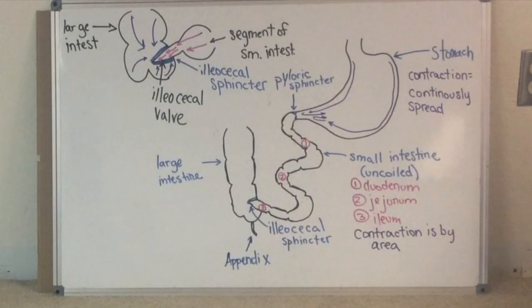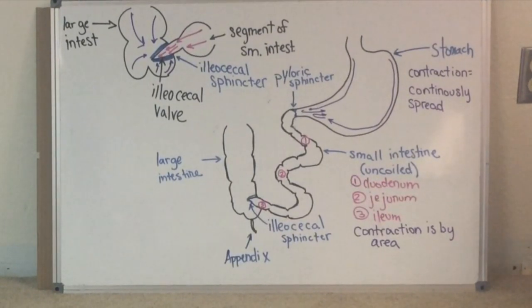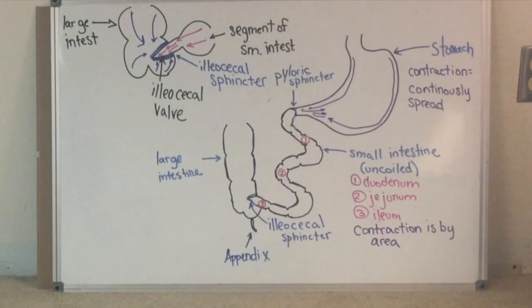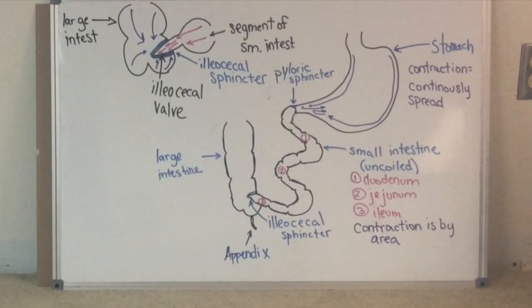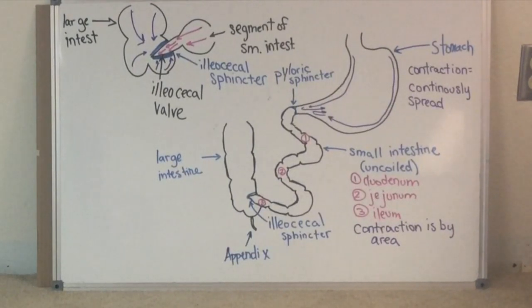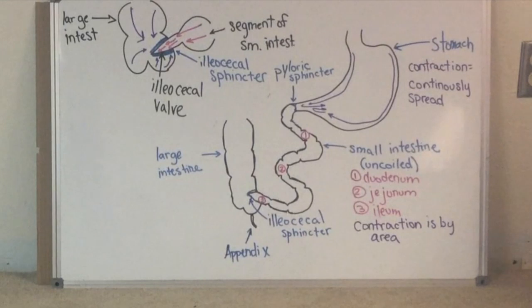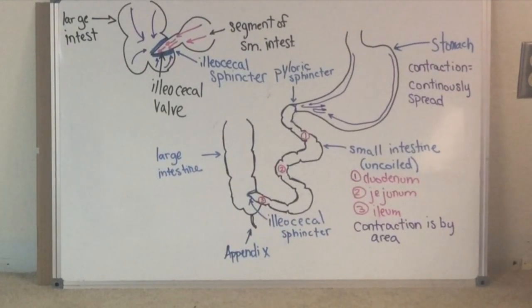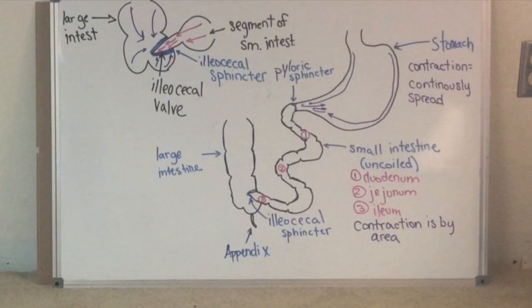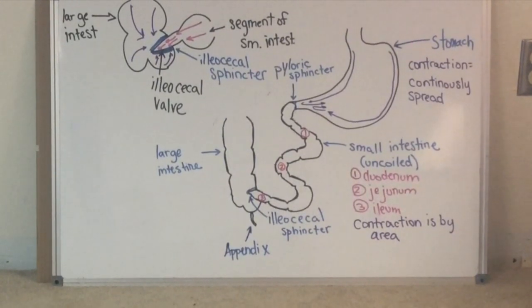This one-way valve system prevents the backflow of content from the large intestine back into the small intestine, and also keeps the large community of bacteria housed in the large intestine. If this bacteria were allowed to move from the large intestine into the small intestine, it would quickly multiply due to the rich nutrient-based content of the small intestine and could wreak havoc on our digestive system.